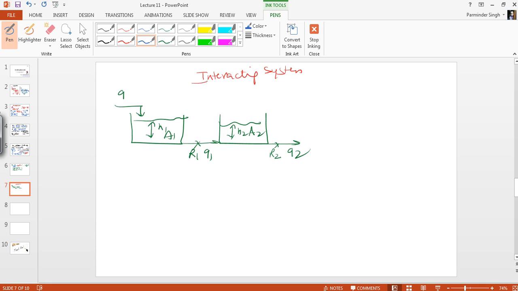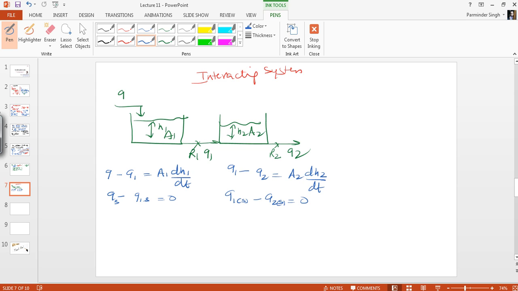Now let's write down the mass balance for tank 1. Now for tank 1, it is Q minus Q1 equal to A1 dH1 by dt, which we are familiar with, and for tank 2 it is Q1 minus Q2 equal to A2 dH2 by dt. Clear? And under steady state, it is Qs minus Q1s equal to 0, and it is Q1s minus Q2s equal to 0.